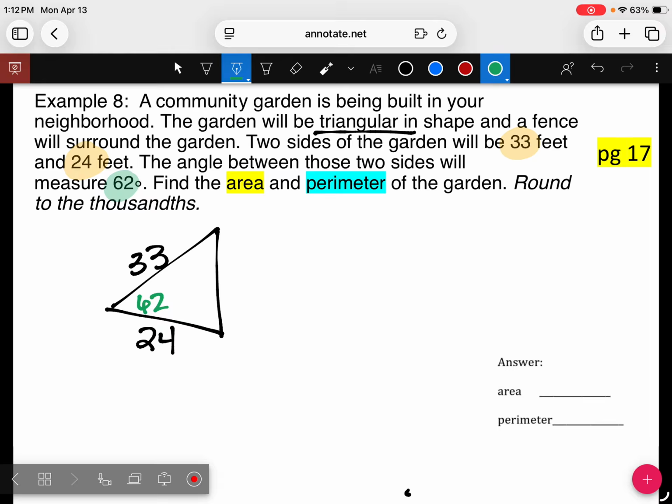So that's pretty easy to find the area. So we're going to use law of sines or Heron's? Law of sines. So you're going to take 1/2 side times side times the sine of the angle in the middle.